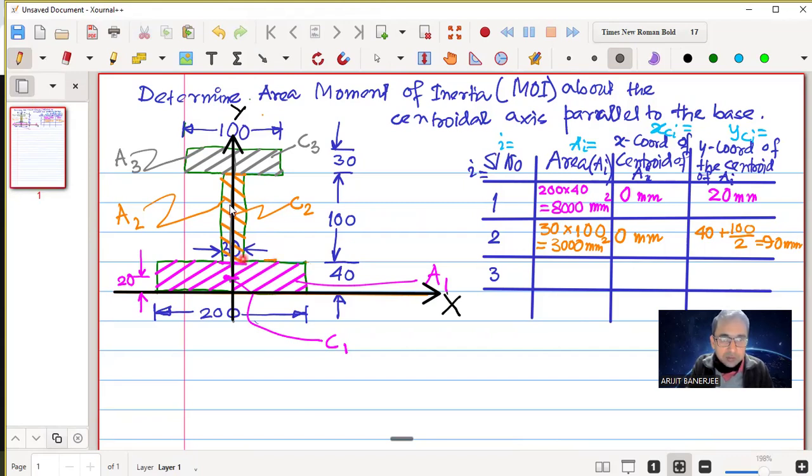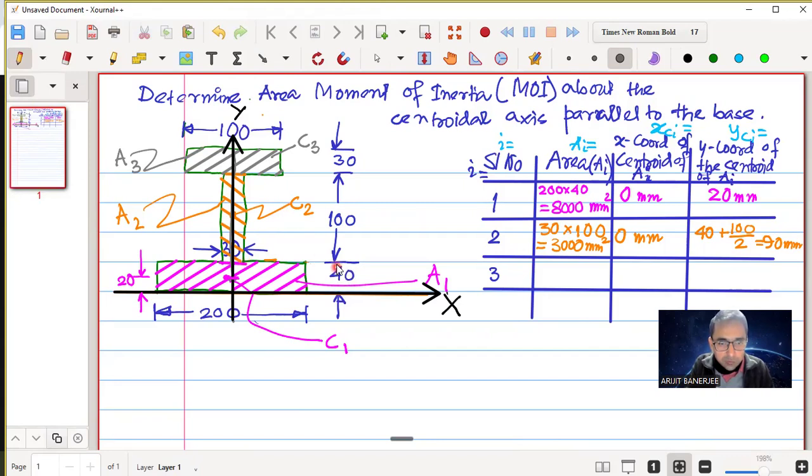So the centroid of this is 50 mm from this point. Right? Centroid of this area is 50 mm because it is 100. So 50 mm measured from this point, and this point is shifted from the x-axis by 40 mm.